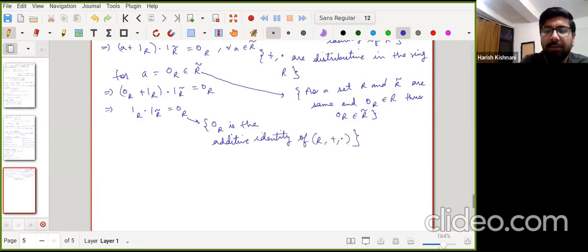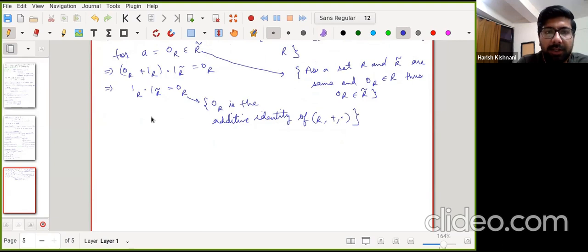So that's why it added to any element will again give you back the element itself. Now this 1R is the multiplicative identity of the original ring, and 1 of R delta is there in the original ring, and dot is the multiplication in the original ring. So what will 1R dot 1 of R delta give you?